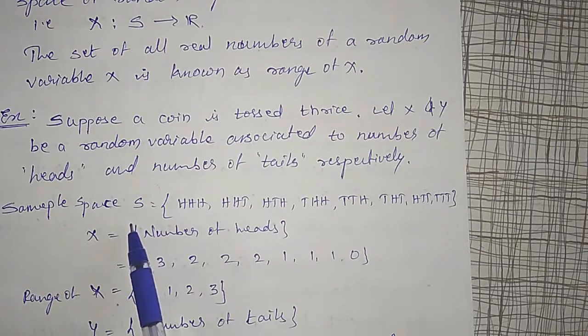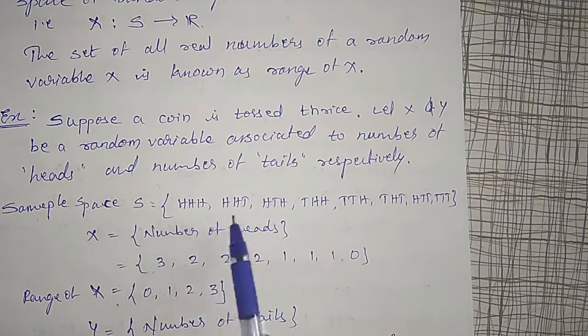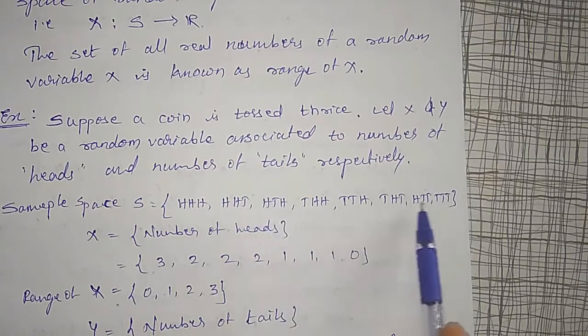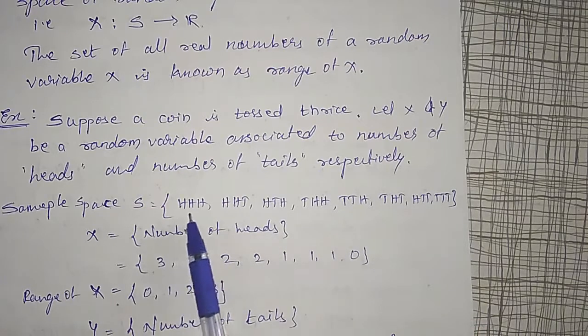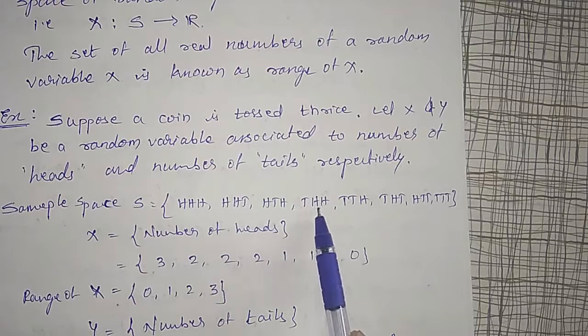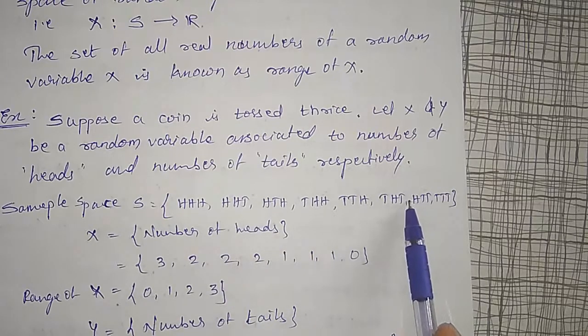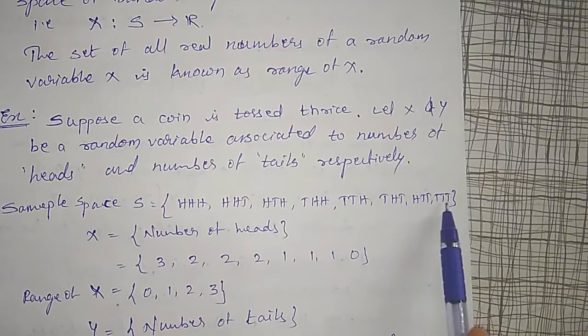First toss, second toss, third toss: all 3 may be heads, or the first 2 may be heads and the third a tail. These are all the possible outcomes: HHH, HHT, HTH, HTT, THH, THT, TTH, and all 3 may be tails.